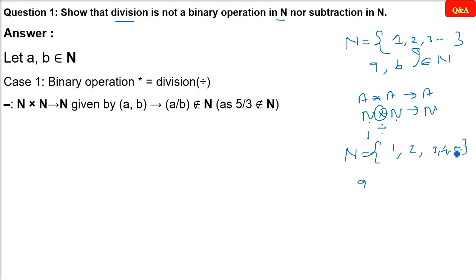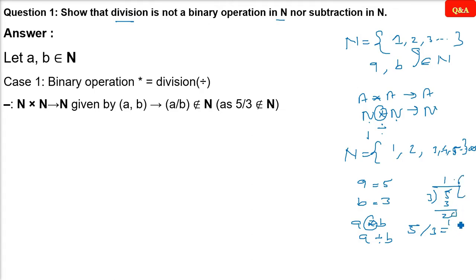So I'm taking A as 5 and B as 3. You can also take A as 3 and B as 5. You will prove it here also. We have to check for division, so A divided by B. The operation is division, so 5 divided by 3 is going to give you 3 ones are 3 and you get 2. This is 2, 3 twos are 6.